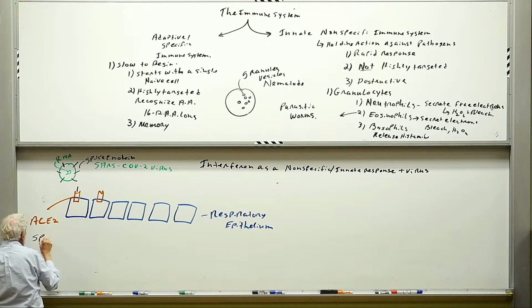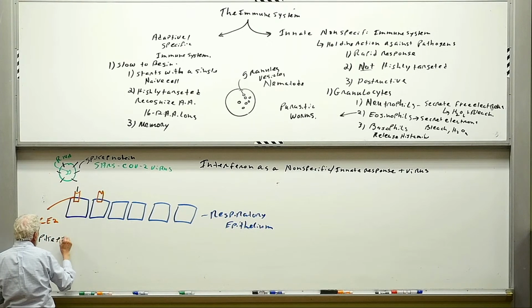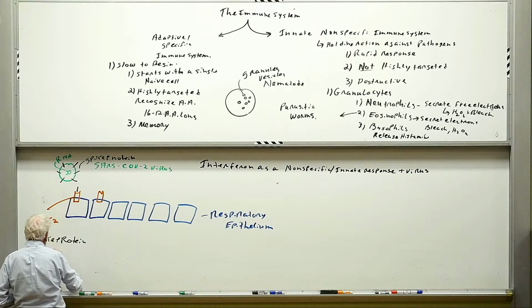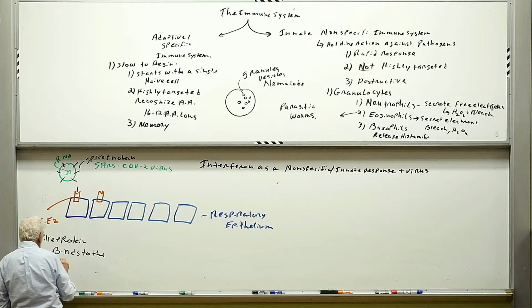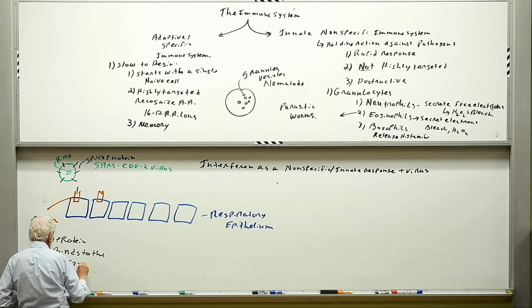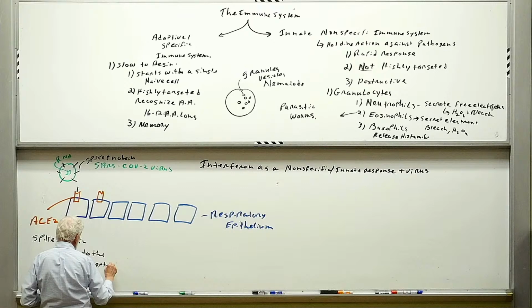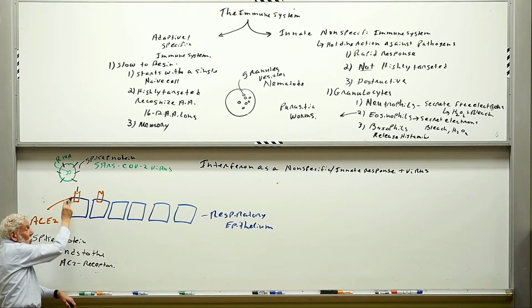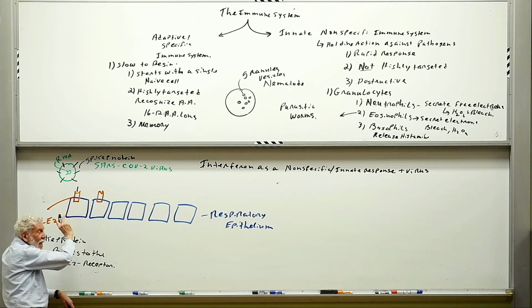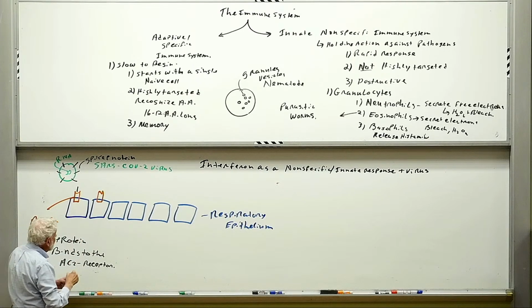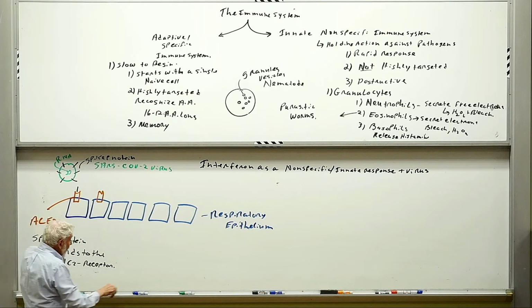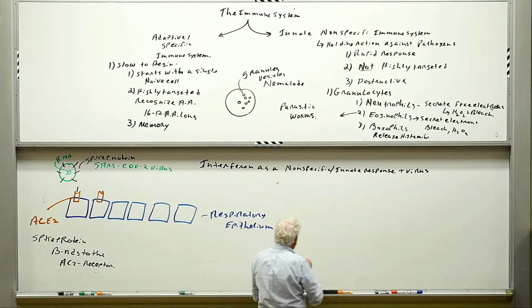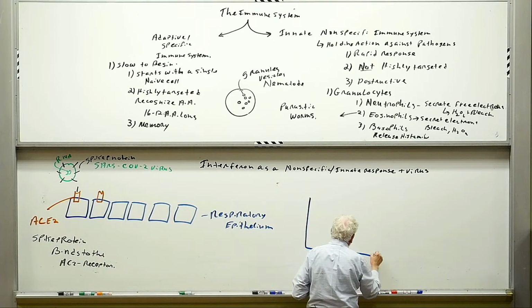So the spike protein binds to the ACE2 receptor. That's the first step. That sticks the virus to the cell. So now the virus is stuck to the cell. It's a little unclear what happens next, whether it happens on the surface or internally. But I'm going to tell the story from the point of view of how this happens internally.